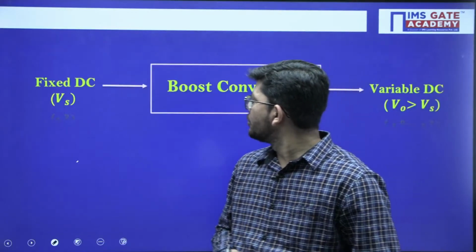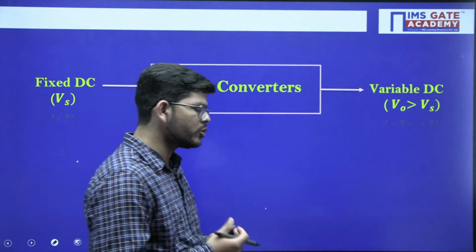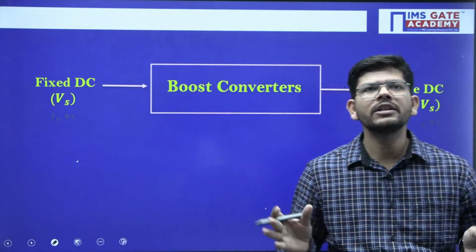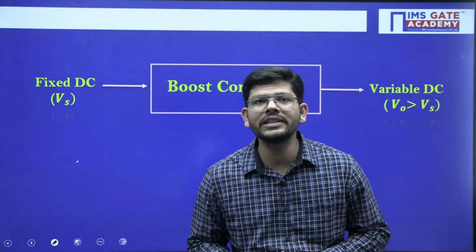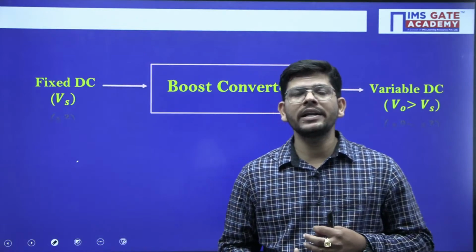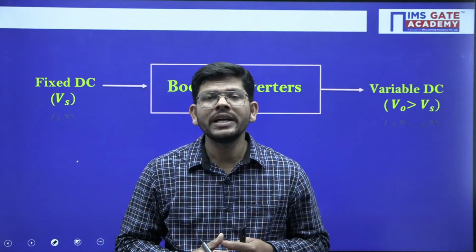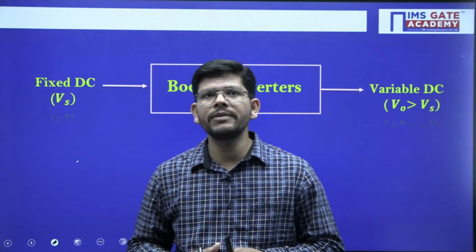Now, what is this boost converter, what is its purpose, and why do you want to have it? When the available DC voltage is not up to the mark, meaning whatever voltage level we require is not exactly matching, and we need to step up the voltage for the application, then we need a boost converter.